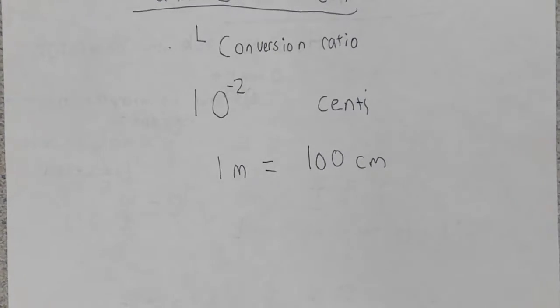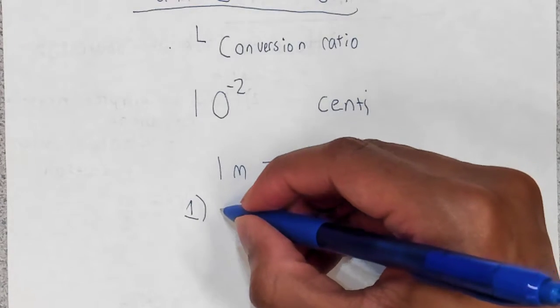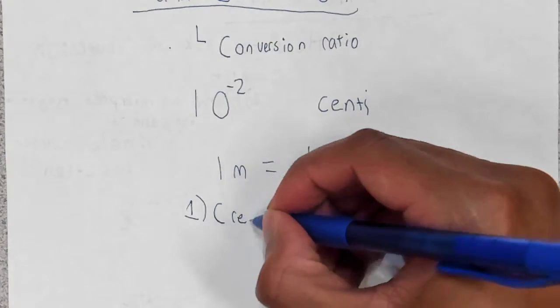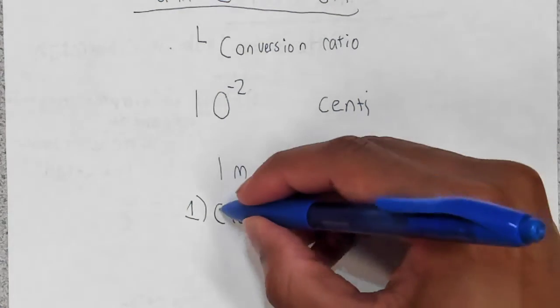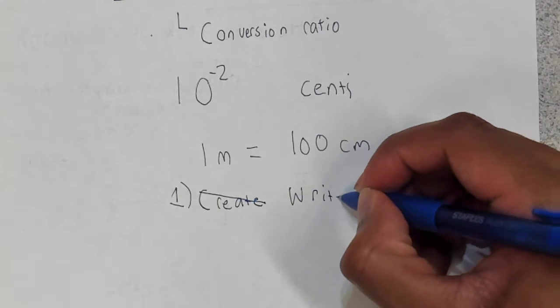So to make a conversion ratio, this is a one-step process. I'm actually going to say create, write them as a fraction.